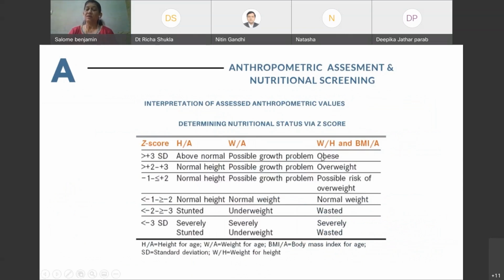Then the obese, overweight, and how you interpret these Z-scores with your weight for age, weight for height, height for age and BMI. Normal is between -1 and -2, and then here it is -3 SD, severely stunted, severely underweight, severely wasted. So this is your SAM child.